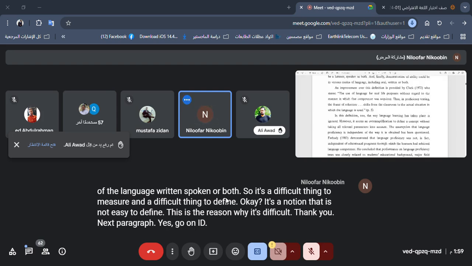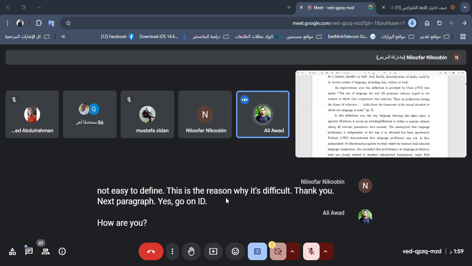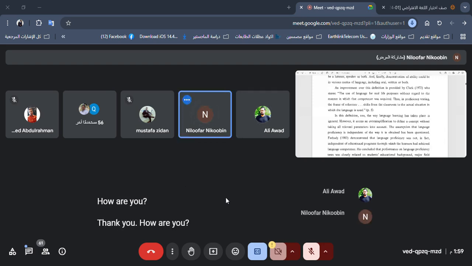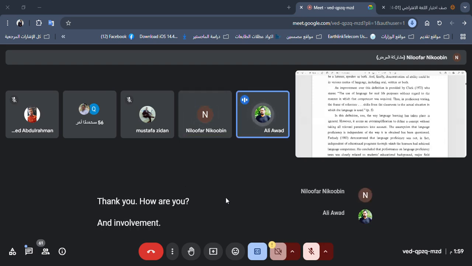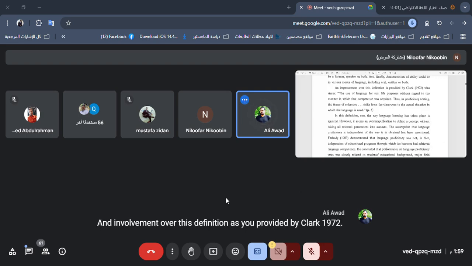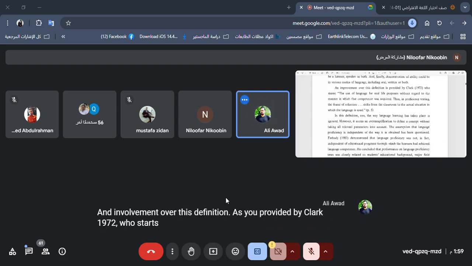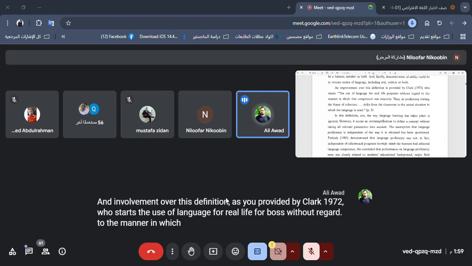Yes, go on, Ali. An improvement over this definition is provided by Clark, 1972, who defines proficiency as the use of language for real life purposes without regard to the manner in which that competence was acquired.